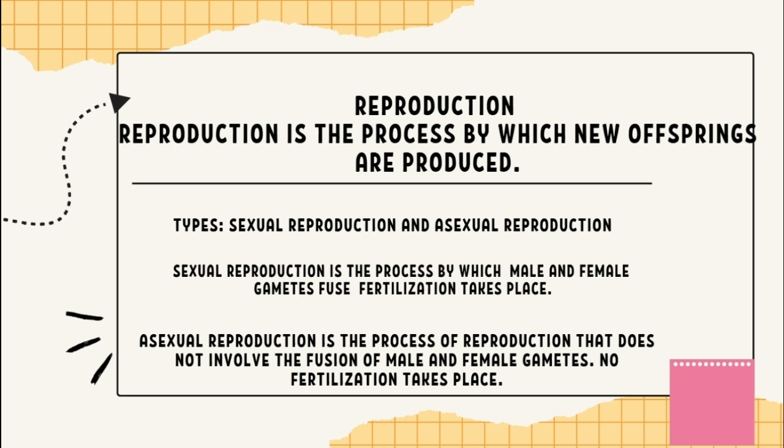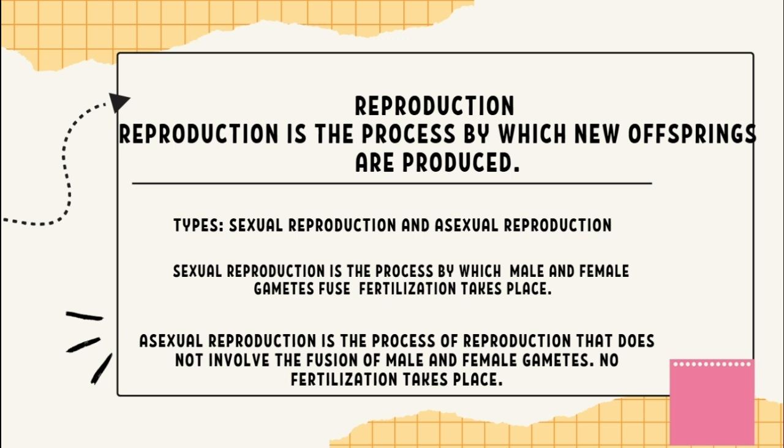So basically, there are 2 main types of reproduction. We have sexual reproduction and asexual reproduction. Off the bat, when I say sexual versus asexual reproduction, human beings don't undergo asexual reproduction. Let's just put that out there, right?